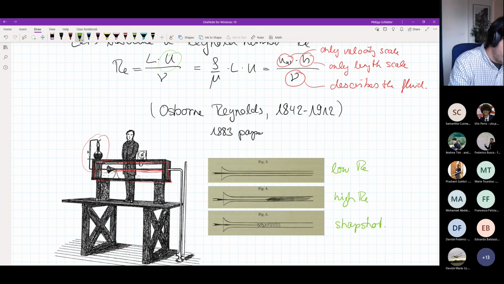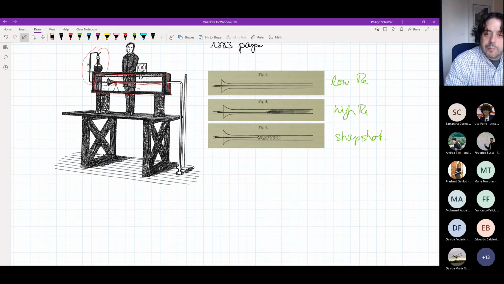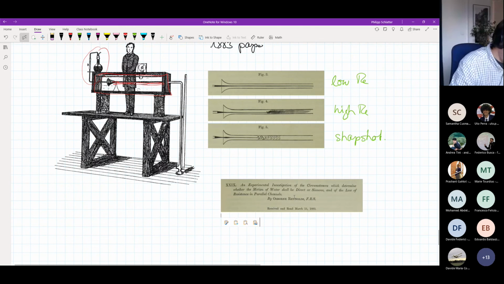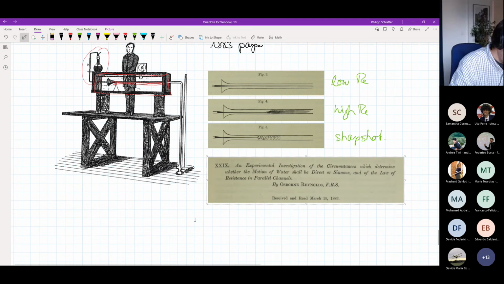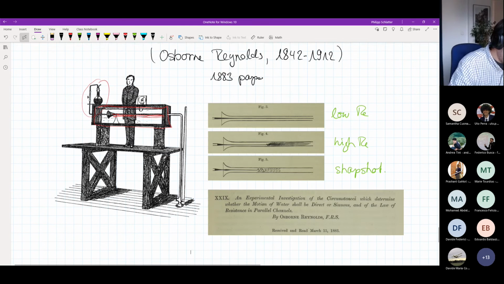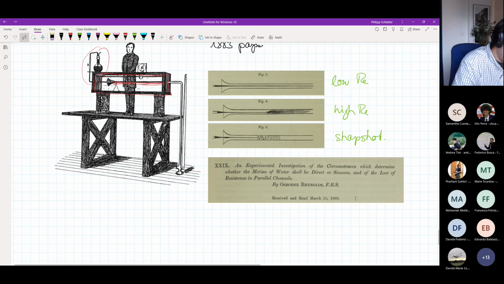That's the purpose of this study, and it's quite interesting that the whole paper can be summarized by just reading the title. It says: an experimental investigation of the circumstances which determine whether the motion of water shall be direct or sinuous, and of the law of resistance in parallel channels. Well, what he wanted to do here was the following.